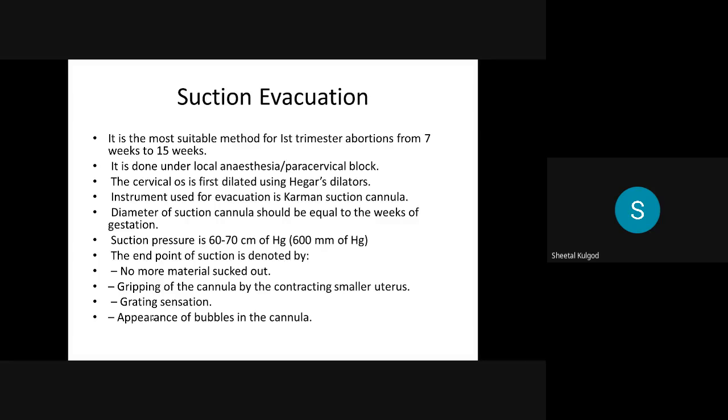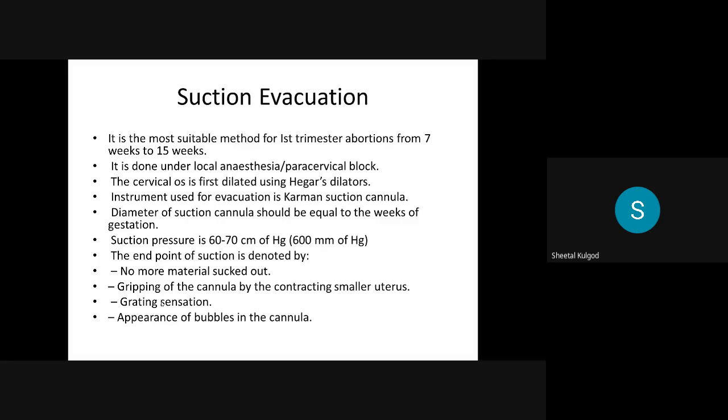If not, we ourselves can do the scanning intraoperatively and confirm that there is no more product left in the uterine cavity, and then we can stop the procedure with confidence. So earlier it was a blind procedure where we couldn't see and only felt that the procedure was complete with indirect signs, whereas now we can actually document it by doing an ultrasonography in the intraoperative time as well.